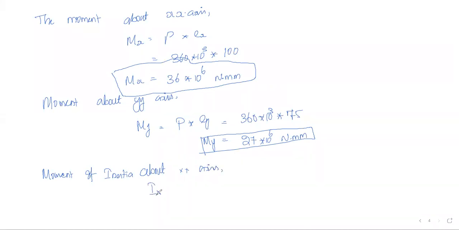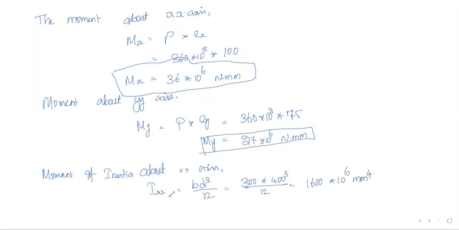So Ixx is equal to b d cube by 12. So 300 into 400 cube divided by 12. So it becomes 1600 into 10 to the power 6 mm to the power 4.